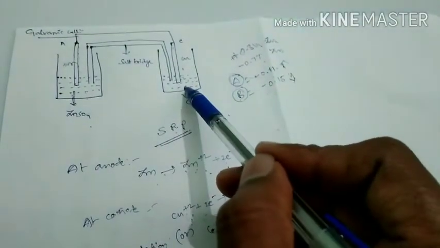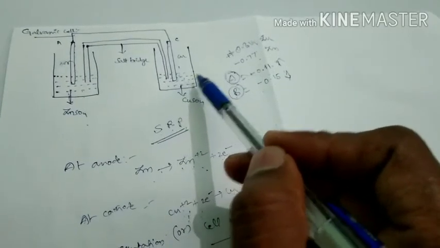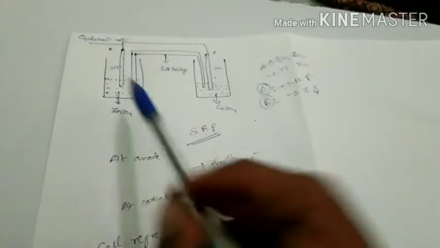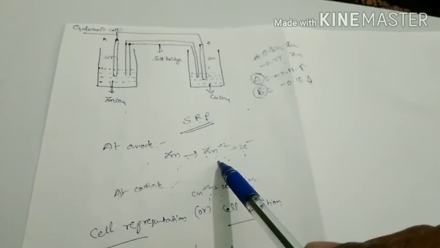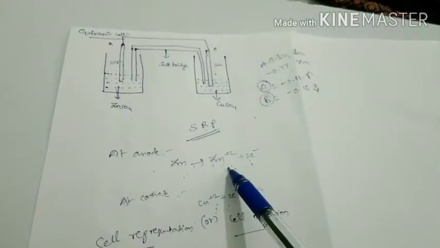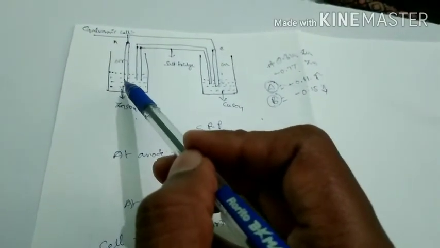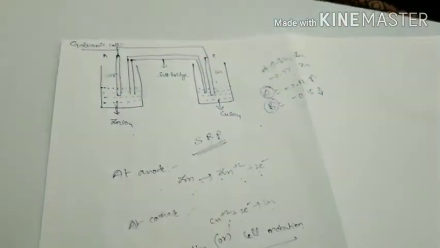Here copper sulfate is there, that means it contains Cu plus 2 and SO4 minus 2. So here my question is, the reaction at anode is zinc converted into Zn plus 2 and 2 electrons. Here Zn plus 2 ions are there, there is no zinc. Then how is zinc converted into Zn plus 2 at anode?